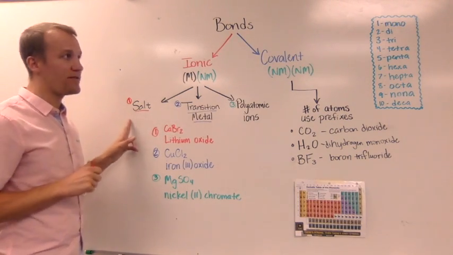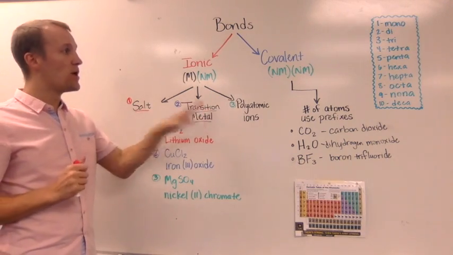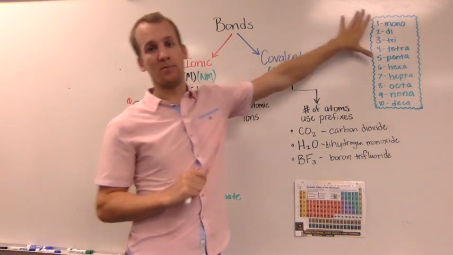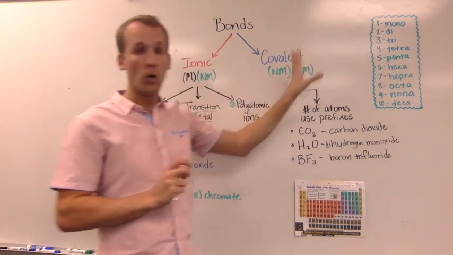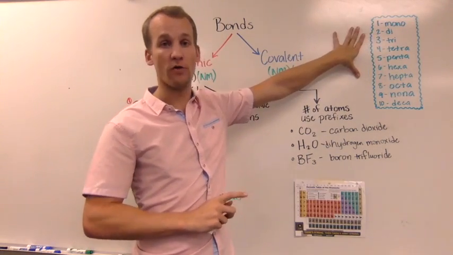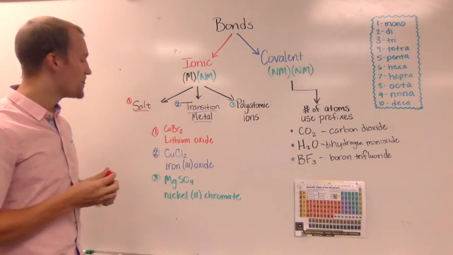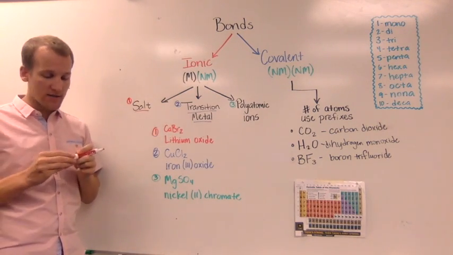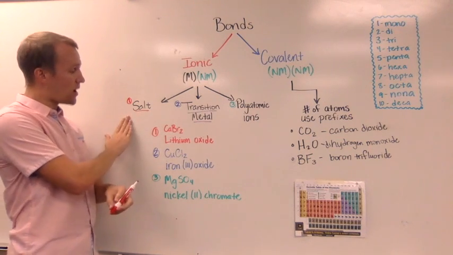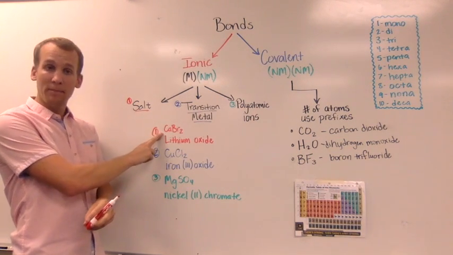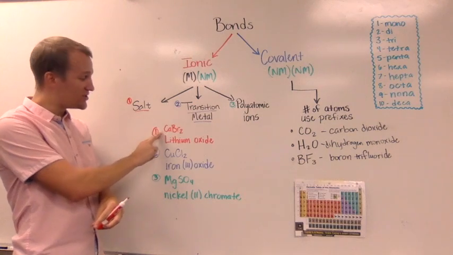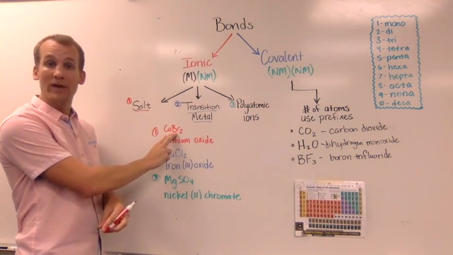The easy part about these is that ionic bonds, we never use the prefixes. So prefixes only stay on this side with the covalent bonds. We never use them over here with the ionic bonds. So simple for us, all that we need to do for a salt, we don't have to worry about the number that are present. All that we have to do is name what we have.